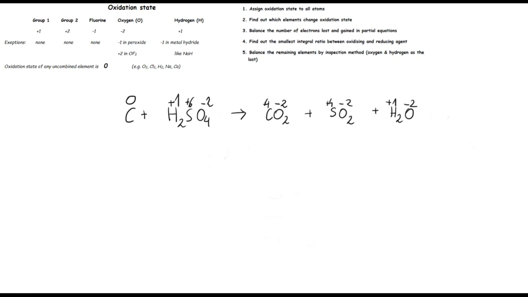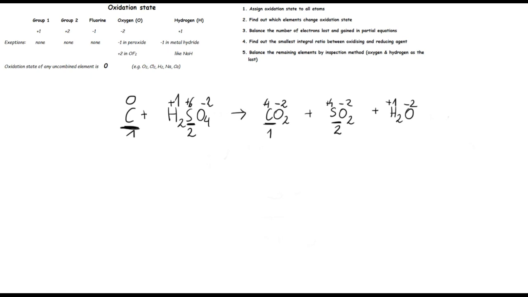The second step is to find out which elements change oxidation state. So we see that the carbon is changing oxidation state, and sulfur is also changing oxidation state. So we have 1 and 2.